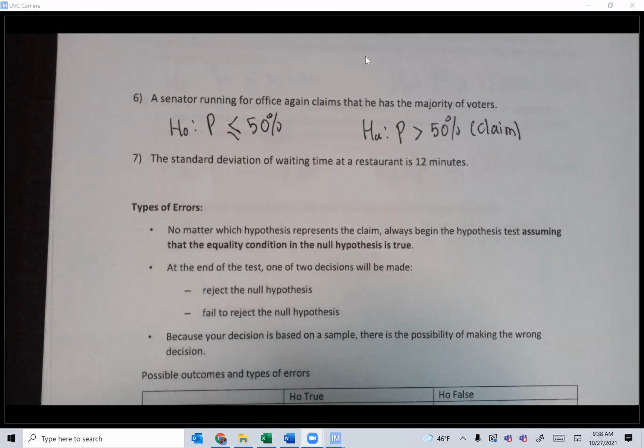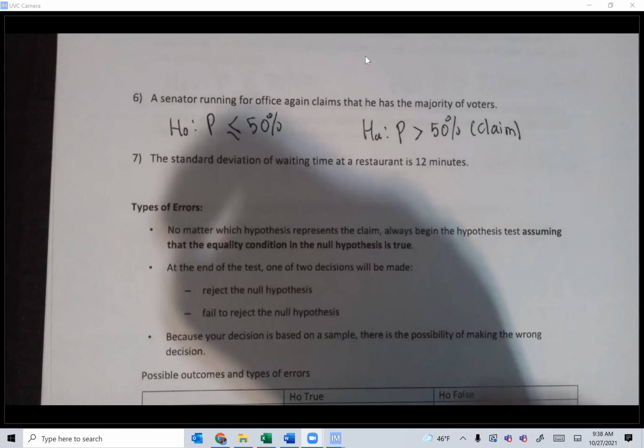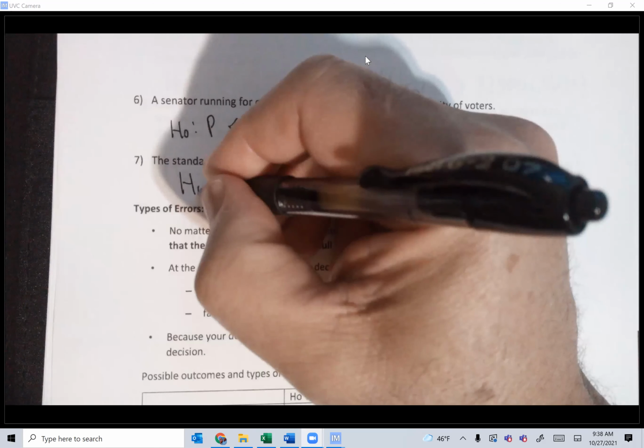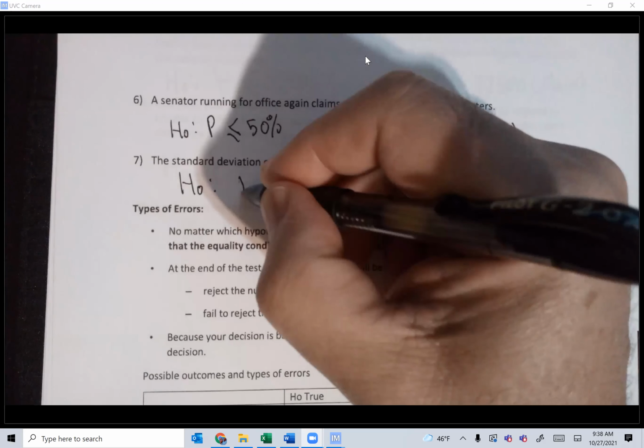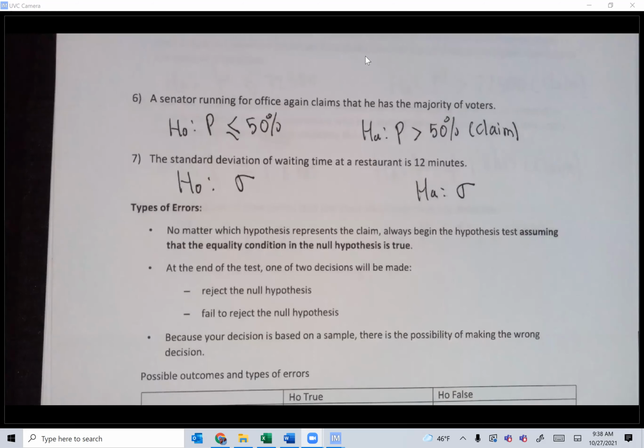The standard deviation of waiting time at a restaurant is 12 minutes. So sigma now. Sigma, it's a standard deviation, simple. Is, guys, don't mistake it, it's just an equal sign.